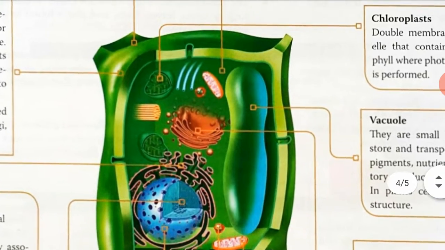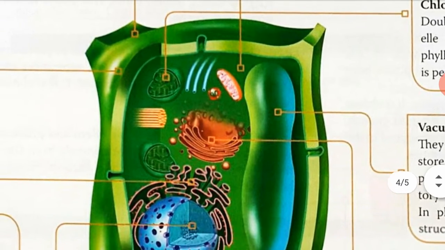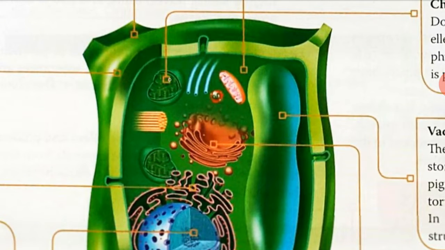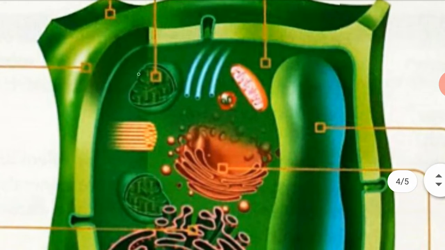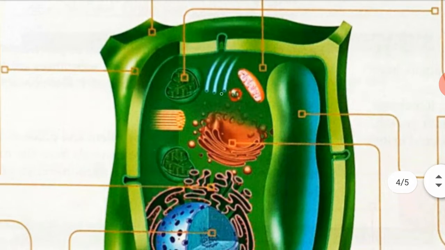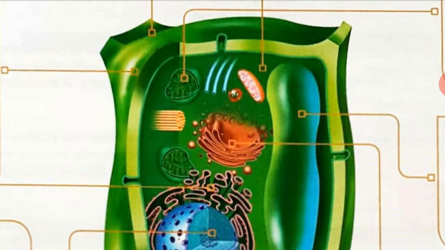The first activity that I want to do with you is learn to identify. This part are the chloroplasts. Inside the chloroplasts, we have the thylakoids, those small lines inside each one of those. Then we have the centrioles, that are these tubes right here.